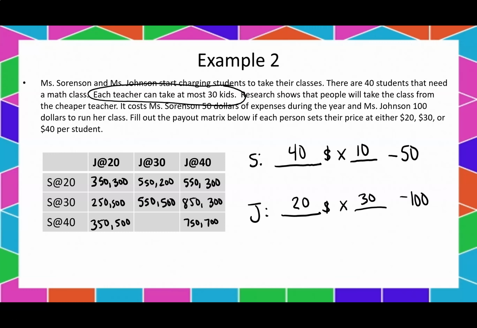Okay, last box here, we're left with Miss Sorensen at 40 still, and Miss Johnson's going to be at 30. Again, Miss Johnson's cheaper, so she's going to get 30 students. Miss Sorensen gets 10, and that math becomes $350, $800. Remember, the $350 stands for Miss Sorensen's amount, and the last number stands for Miss Johnson's amount.